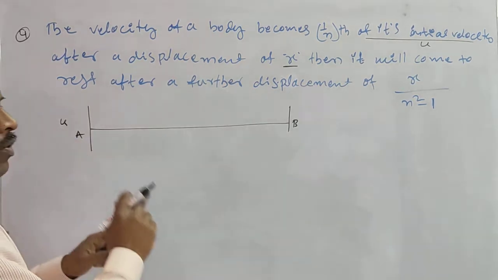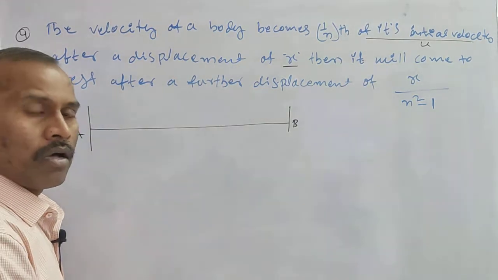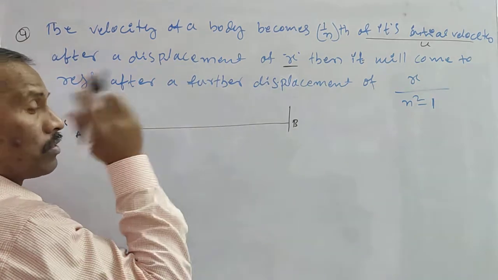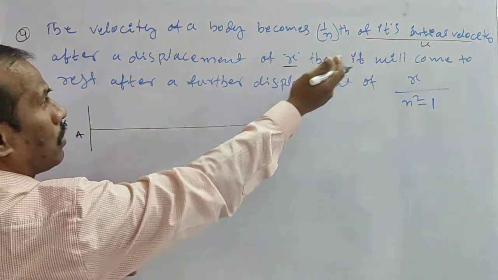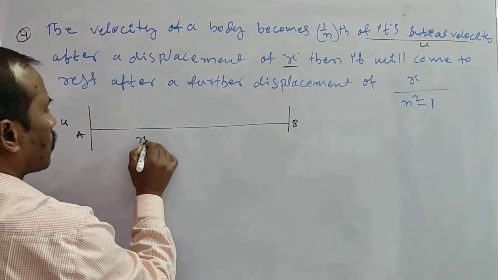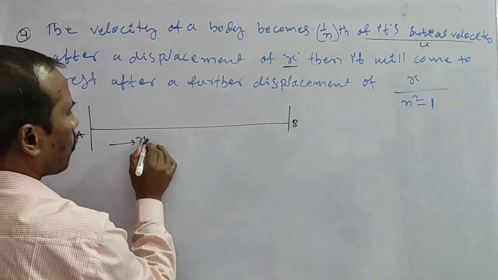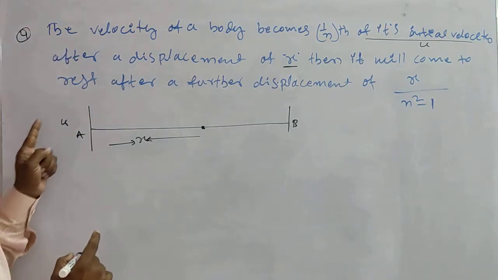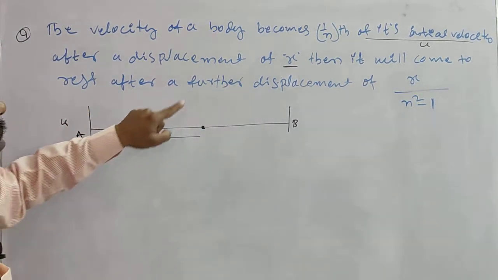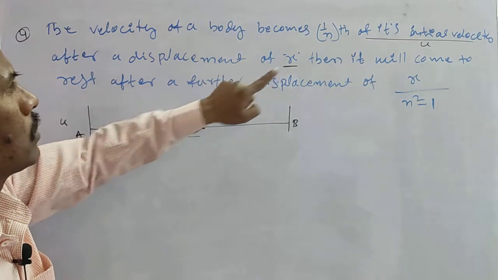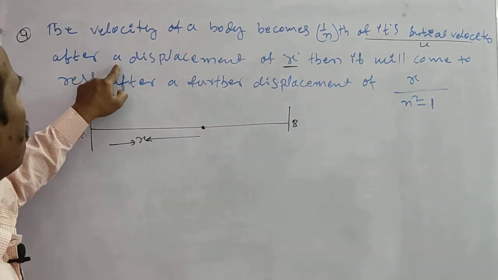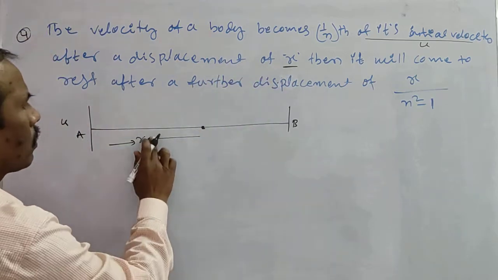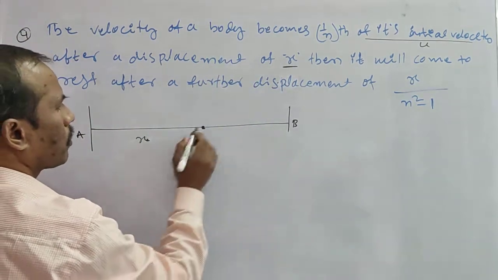Next, it comes to 1 by nth of the initial velocity after a displacement x. Initial displacement, for example, this is a.